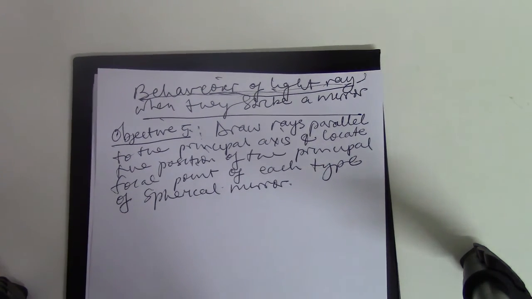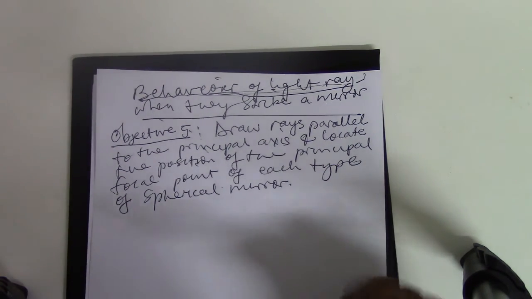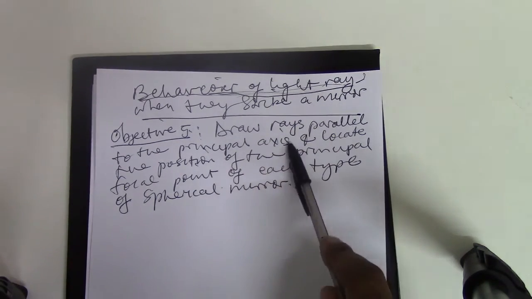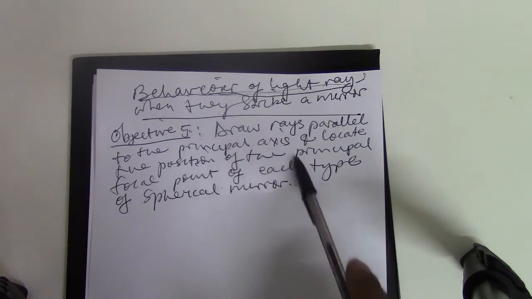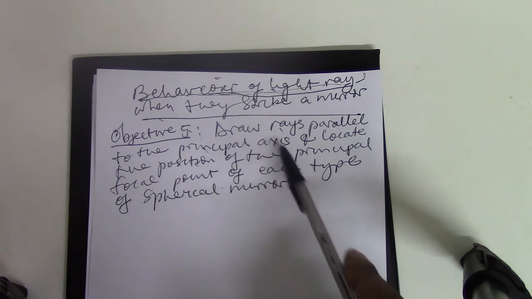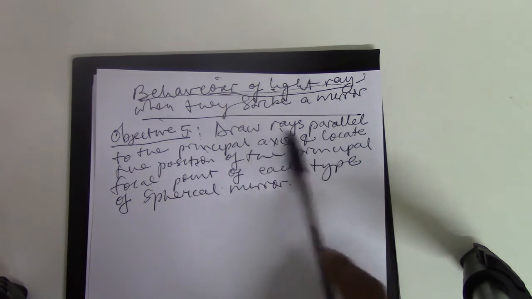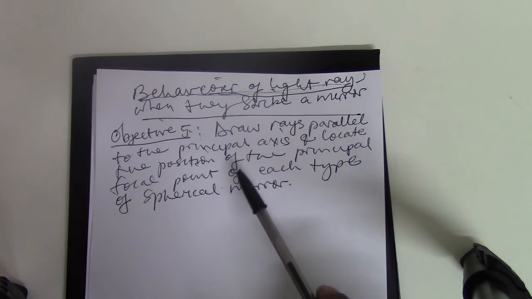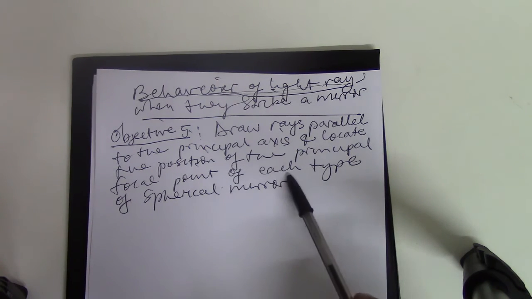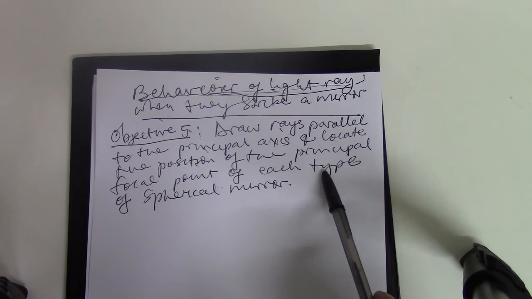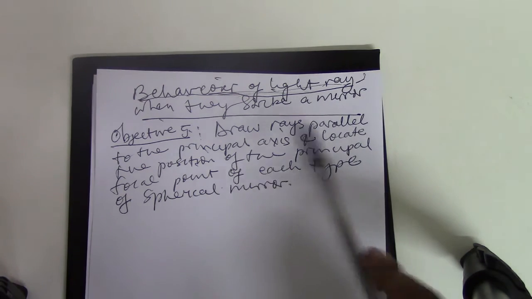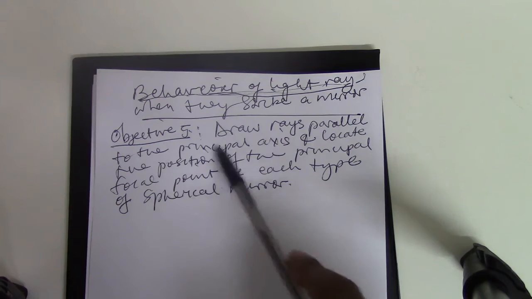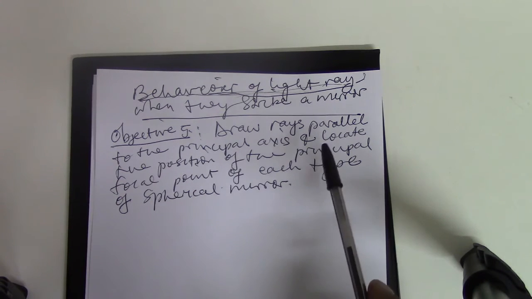Right. In other words, here we are trying to analyze the behavior of light rays when they strike a mirror. Our intention is to locate the position of the principal focal point. In other words, we need to identify the focal point of the mirror using rays that are incident on the mirror, and these rays are parallel rays.